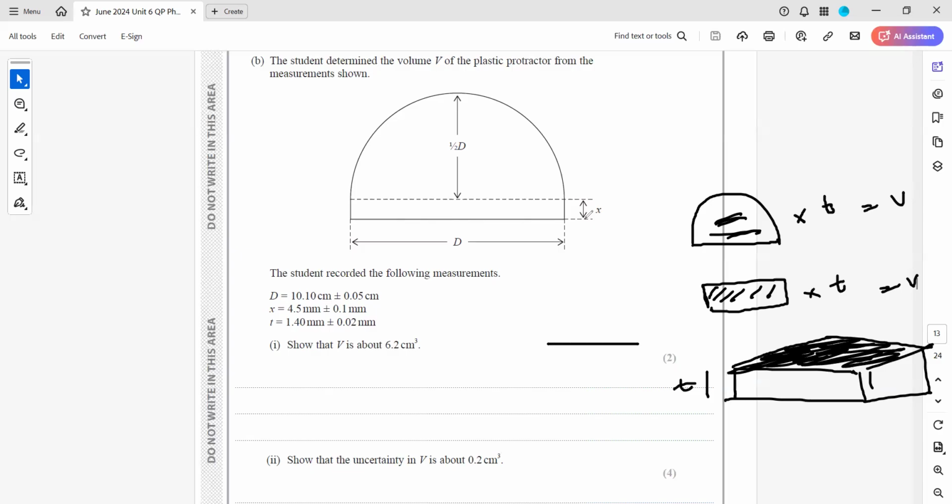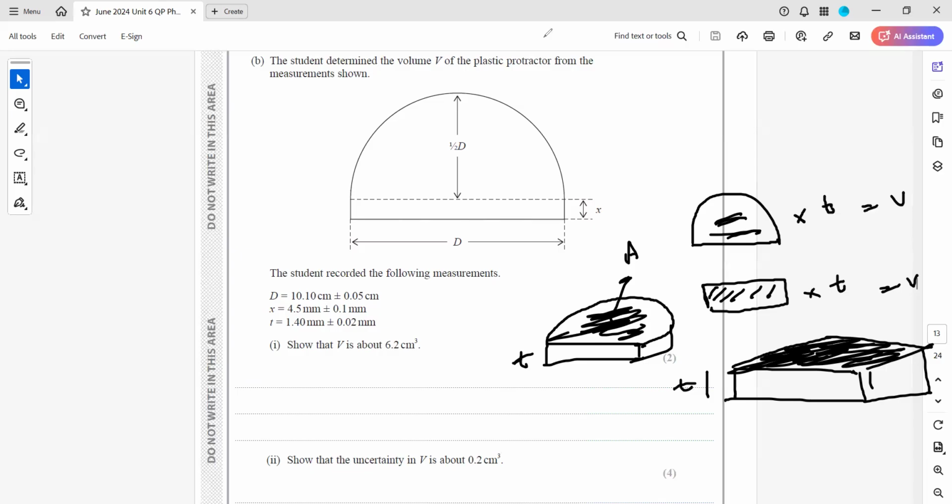Same thing if I draw a 3D semicircle. It has some thickness, and I work out the area of the semicircle. If I multiply the area of a semicircle by the thickness, I will get its volume.